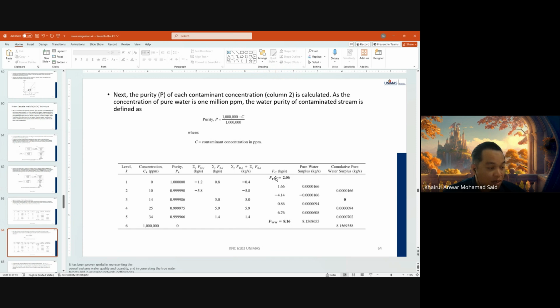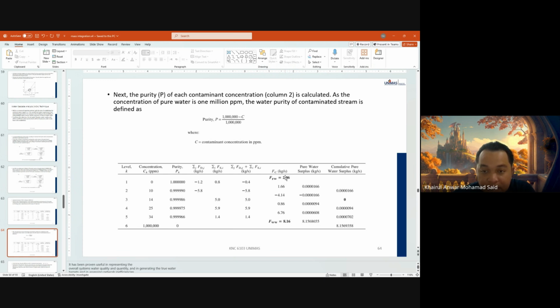So once the flow rates are cascaded, for this 2.06 times 0.4. How do you do the cascading?